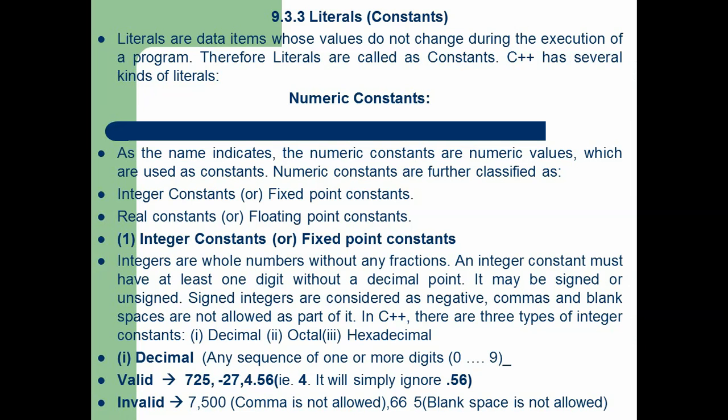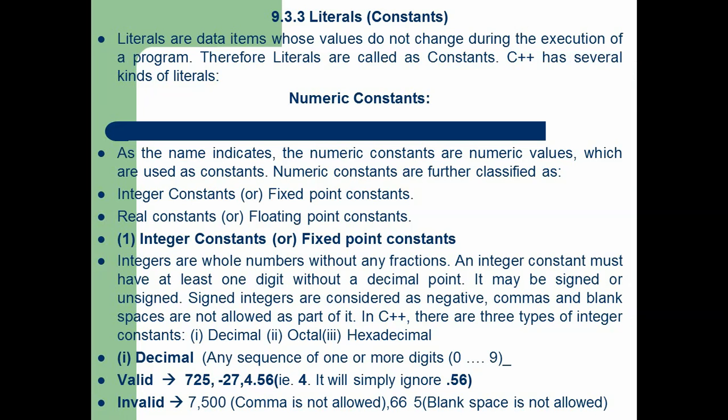Now we are going to discuss the third lexical unit called literals. Literals are otherwise called constants. These are the data items whose values do not change during the execution of a program. It means when you write a program, this mode is called writing or editing mode, where we can change the values of any variable.